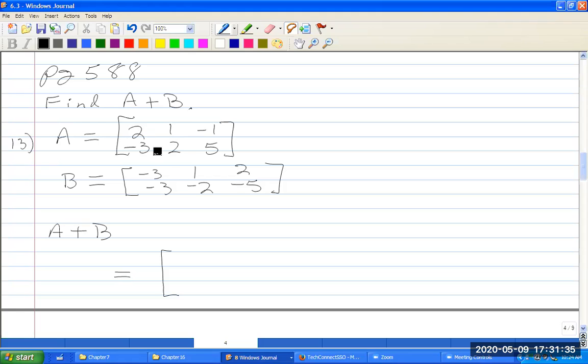Let's add: 2 minus 3, negative 1. 1 plus 1, 2. 2 minus 1, 1. Negative 3, negative 3, negative 6. 0. 5 minus 5, 0. And so that is the sum of these two matrices.